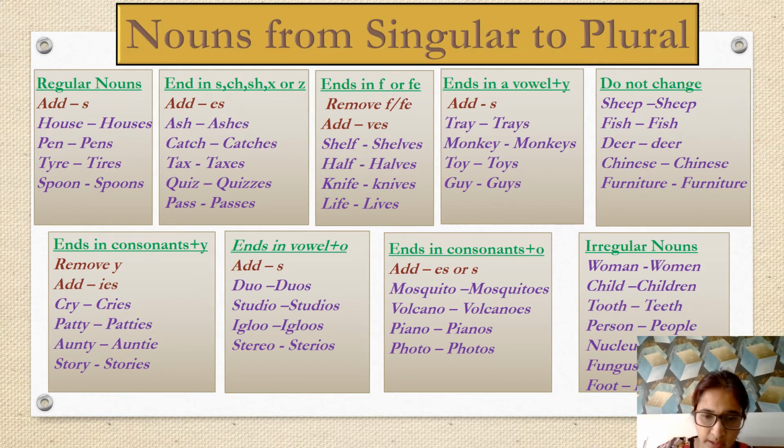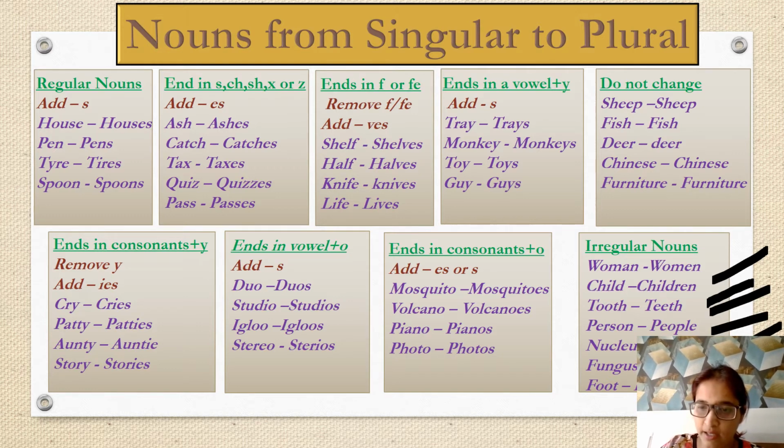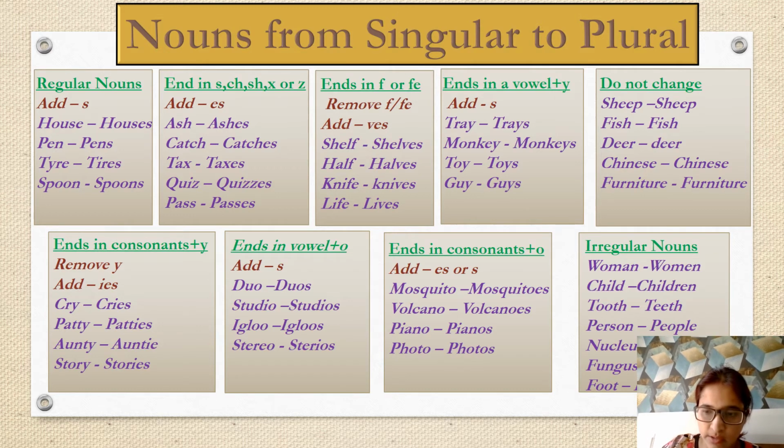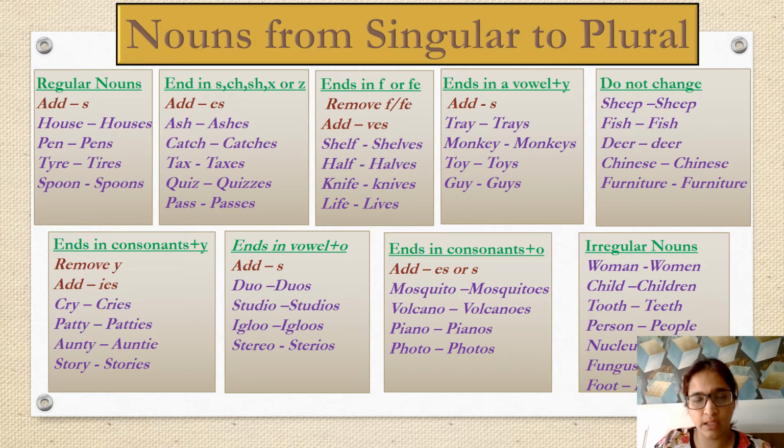For example, you say woman, women, children is the plural form for child, tooth, teeth, person, people, nucleus, nuclei, fungus, fungi, foot, feet. So as you can see, there is no particular rule for these irregular nouns. So that's about changing nouns from singular to plural.